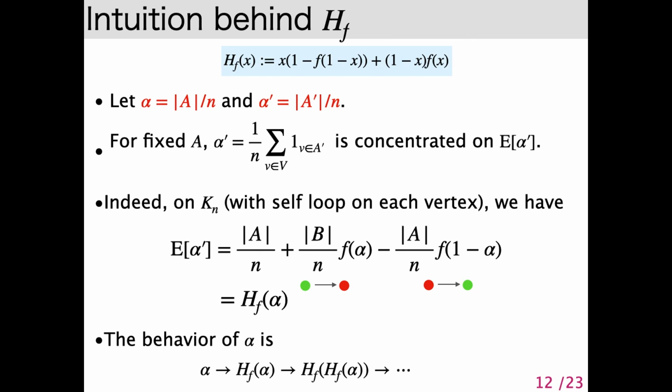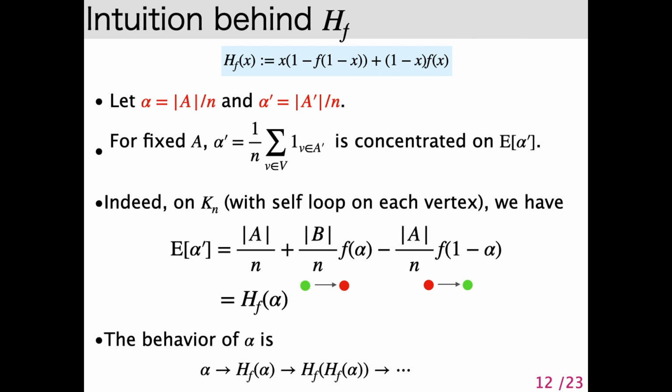Now I give an intuition behind the update function h_f briefly. Let alpha be the ratio of A and alpha prime be that of A prime. If we fix A, then alpha prime can be written as the sum of independent random variables. So alpha prime is concentrated on its mean.